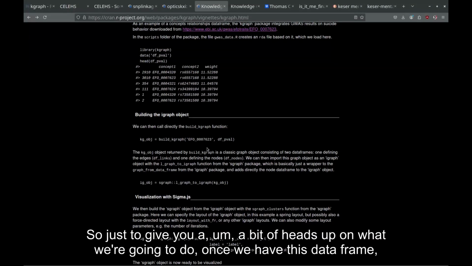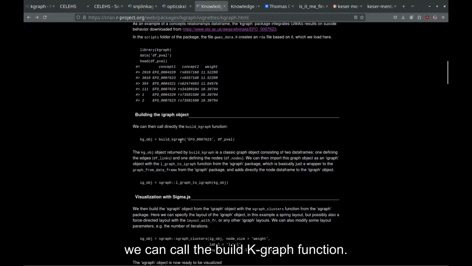So just to give you a bit of heads up on what we're going to do, once we have this data frame, we can call the build kgraph function. We give it our node of interest. So in here, it's not disease trait, it's just the EFO identifier.